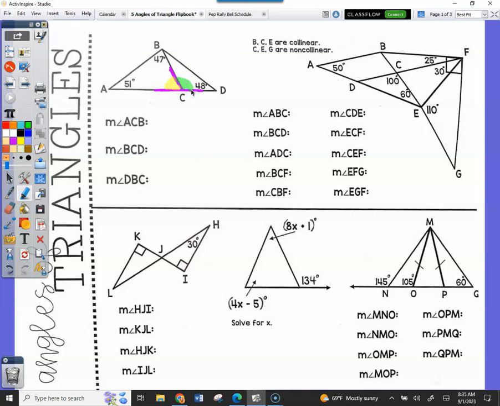Y'all see that? So those two angles are adjacent. They form a straight line. That makes them a linear pair, which means they add up to equal 180. And that's going to help you when you're trying to figure out the measures of the angles.